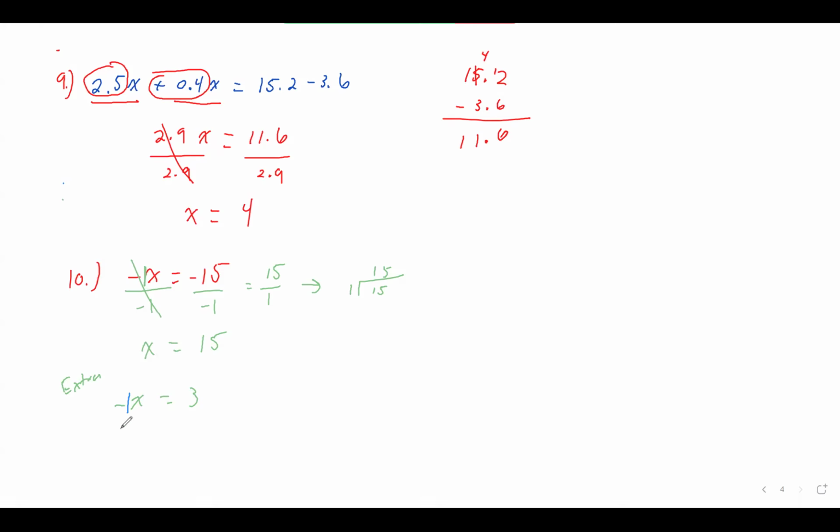So now that I know it's a negative 1, what am I going to do? I'm going to divide because a number next to the letter indicates multiplication. So the opposite of that would be division. And if I divide it on one side, I must divide it on the other. Now, 3 divided by 1 is what? 3.